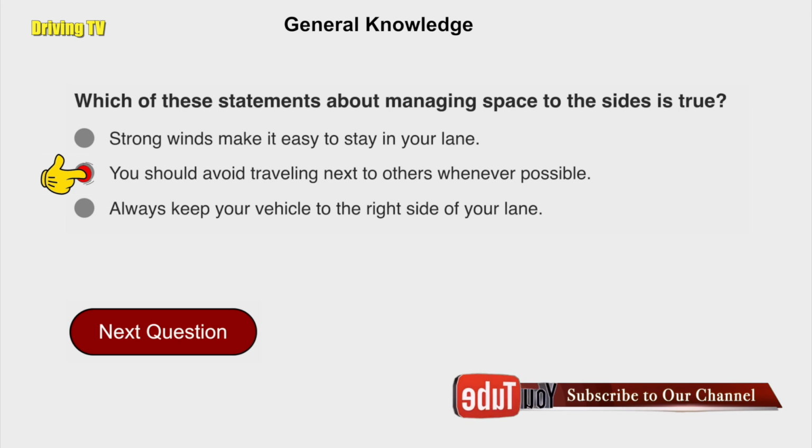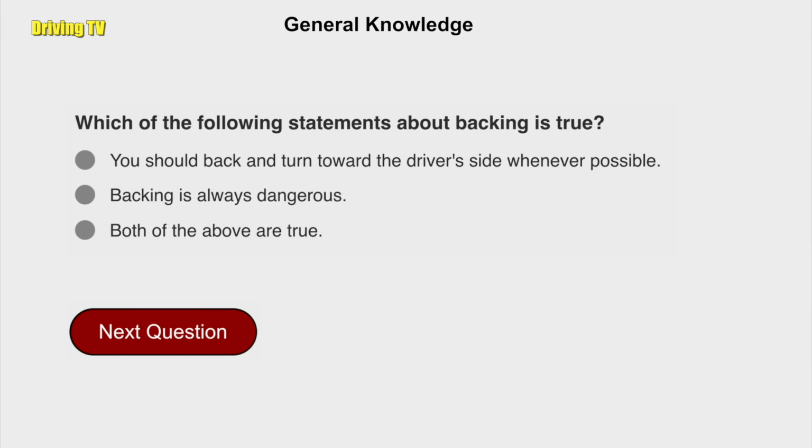You should avoid traveling next to others whenever possible. Which of the following statements about backing is true? Both of the above are true. You should back and turn towards the driver's side whenever possible, and backing is always dangerous.